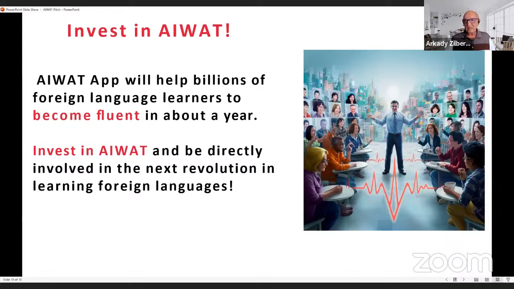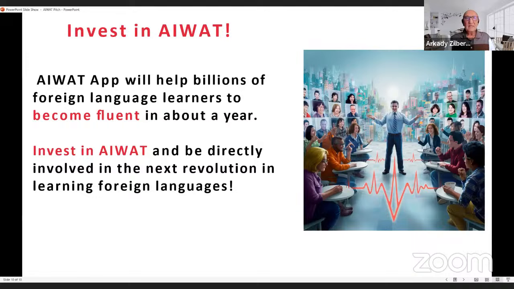Invest in AIWAT. I must here say that AIWAT is a prototype which I have demonstrated to you, and I will show in a minute some of its capacities in action.